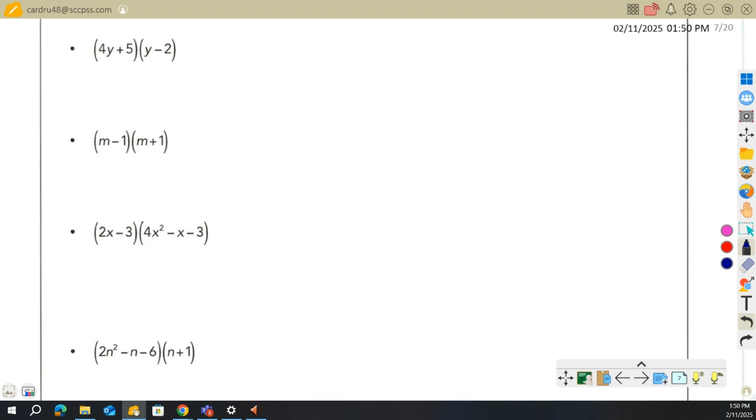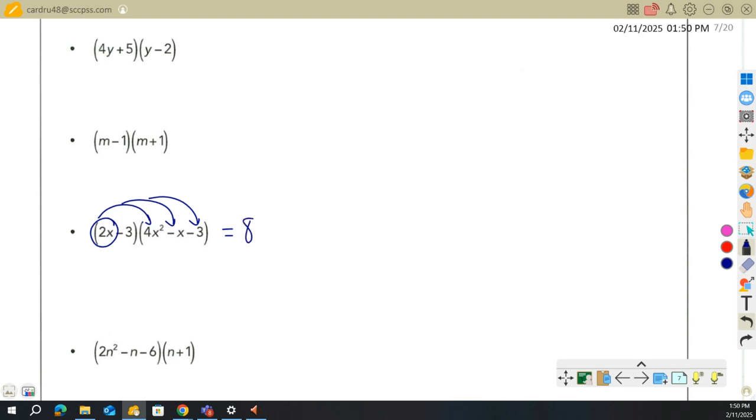So this is where the distributive property makes a little bit more sense to use. So again, we're going to do that same thing where I take this first term and I'm going to multiply it to every single term in the second set of parentheses. So what that will be, we get 2x times 4x squared.